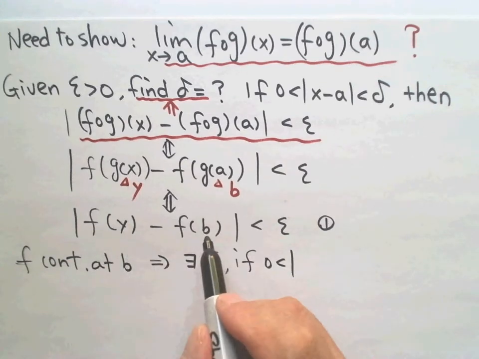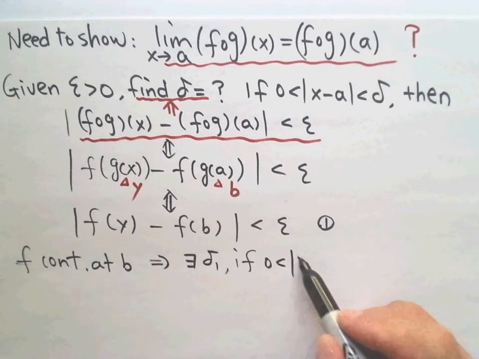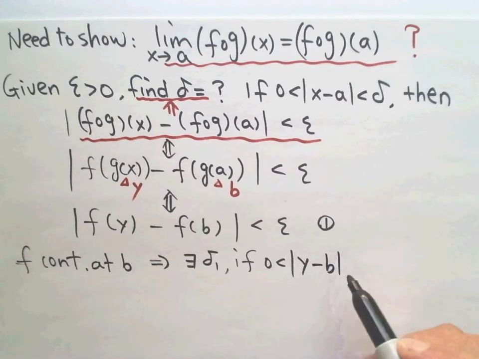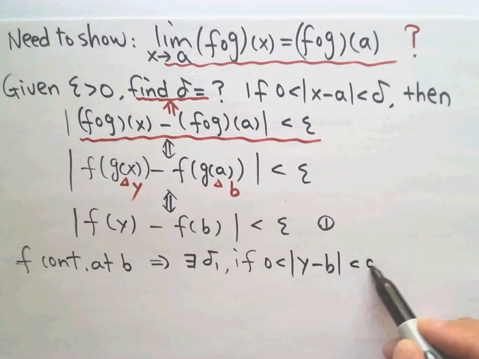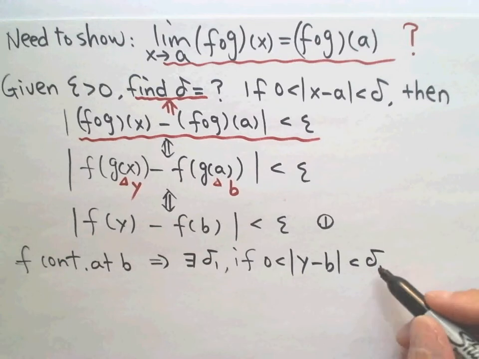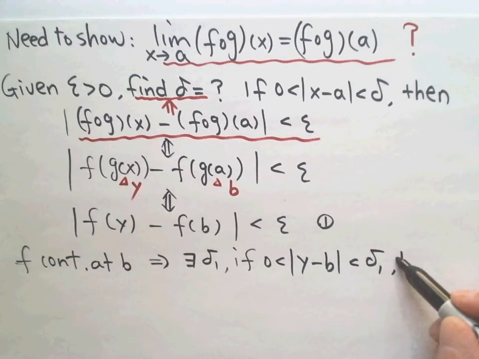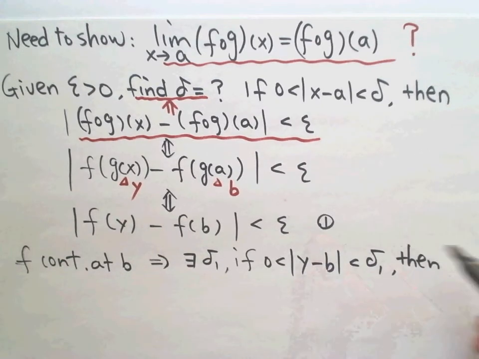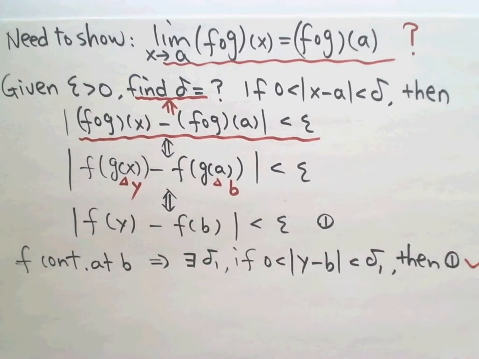And if y goes into delta 1's neighborhood of b, which means |y - b| is less than delta 1, then the first inequality is satisfied. That is good because f is continuous.